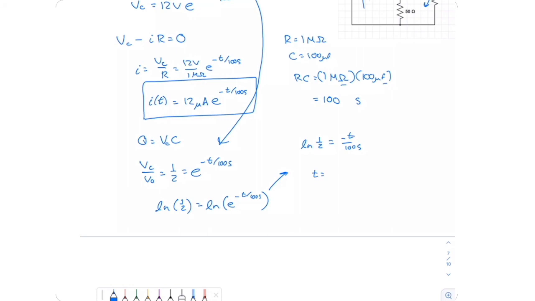So solving for t, I get 100 seconds times minus the natural log of 1/2. And when I evaluate this, I get about 69 seconds.